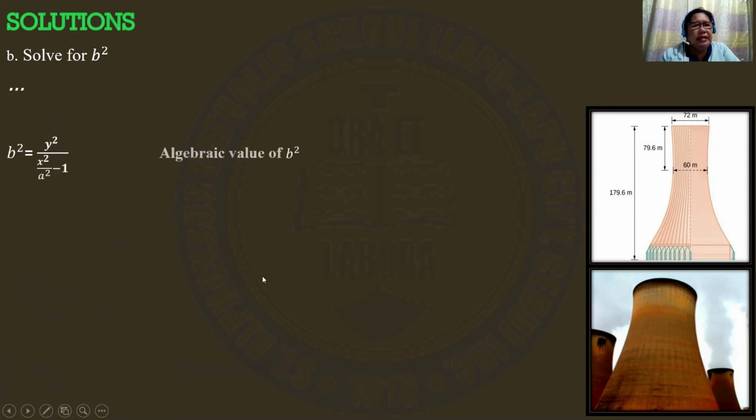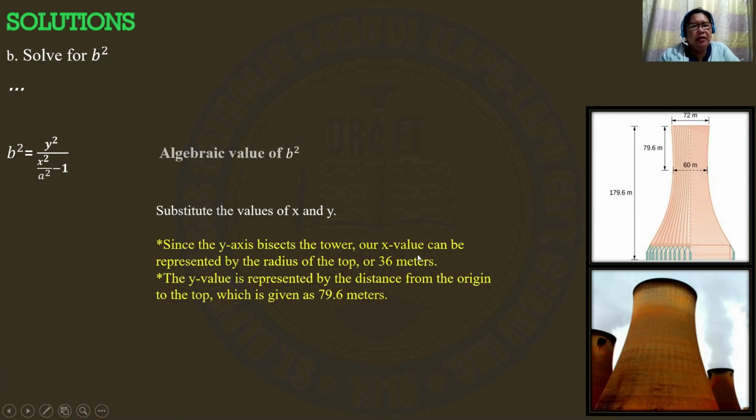So after this, let us use this algebraic value and substitute the values of x and y. Our x value can be represented by the radius of the top, which is equivalent to 36 meters. This is 72 as the diameter, so half of that is 36.